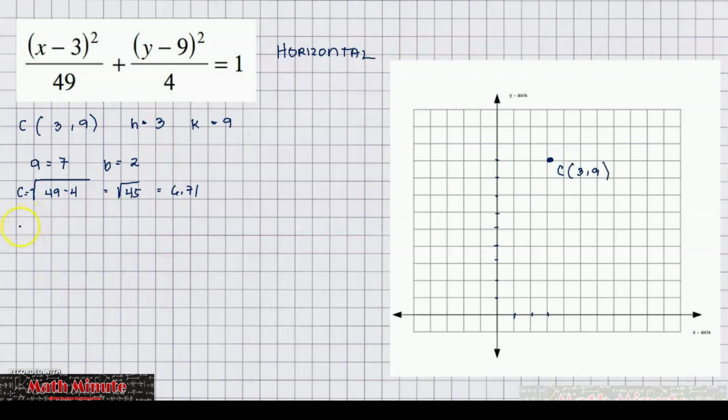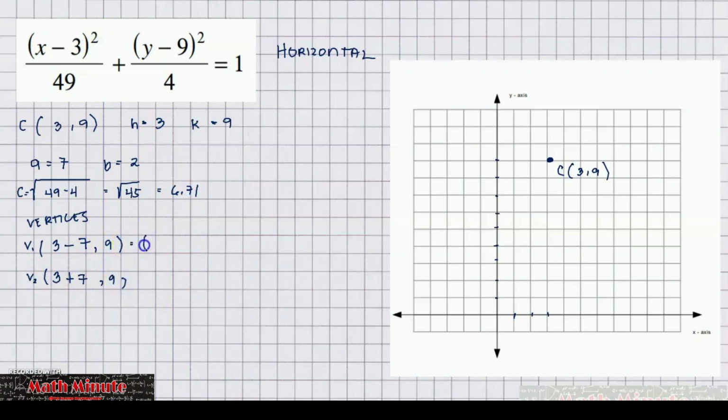Then your vertices. Since this is horizontal, we will add and subtract the value of a on your h. The value of your h here is 3, then we subtract and add the value of a, which is 7. Then we copy k.